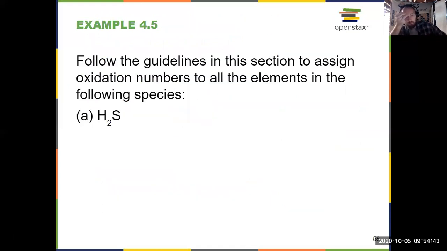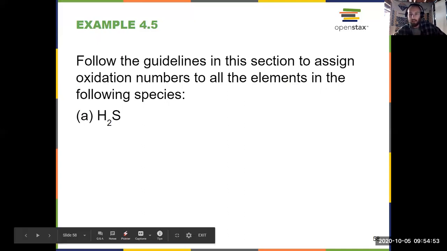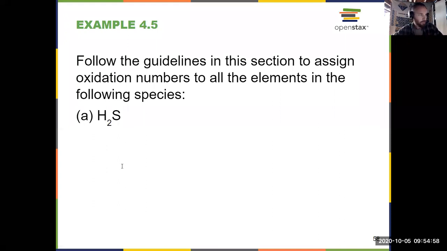2 examples. Okay. 4.5, we're asked to assign oxidation numbers for H2S. So I think to myself, what rules do I have to work with? I don't know anything about sulfur, and that's fine. I don't need a rule, but I do have a rule for hydrogen.